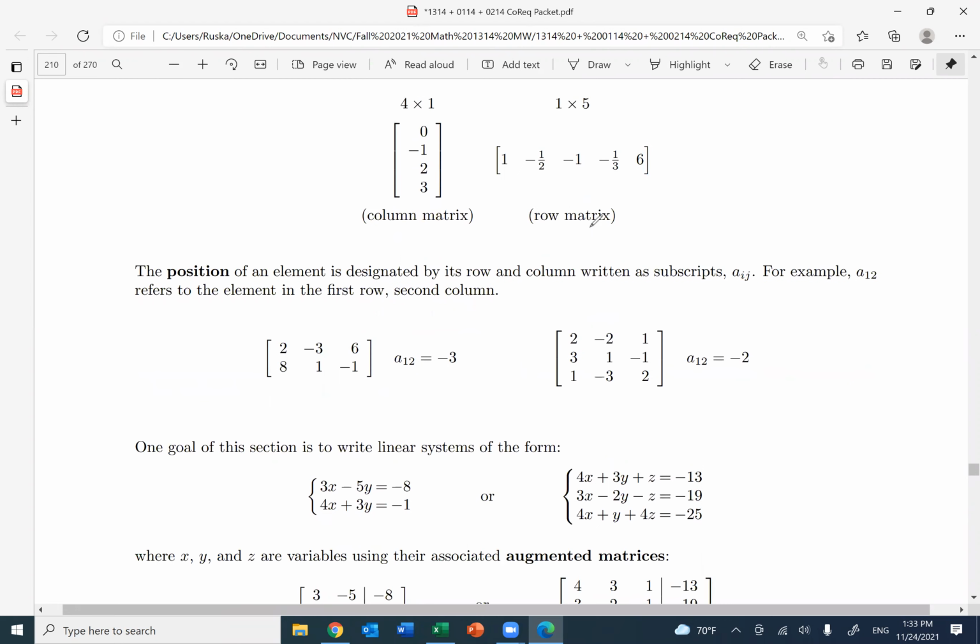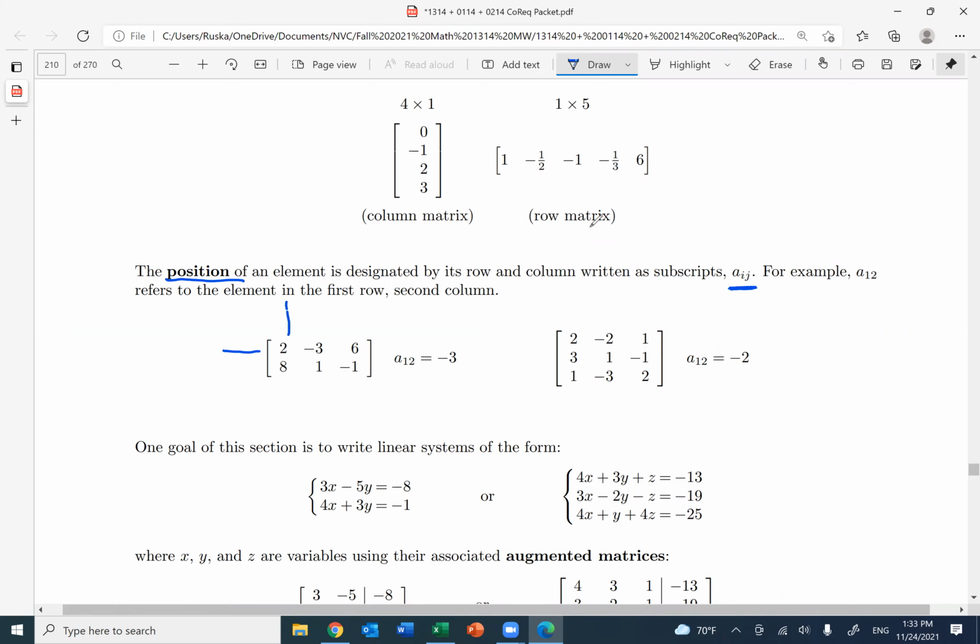Now, the position of elements. Every number in this matrix has a position, and this is how you write it: a with little indexes i and j. For example, a1,2 means the element in the first row and the second column.